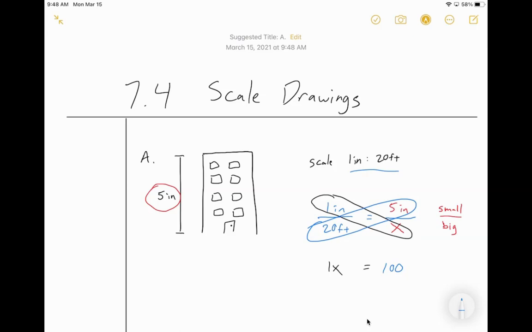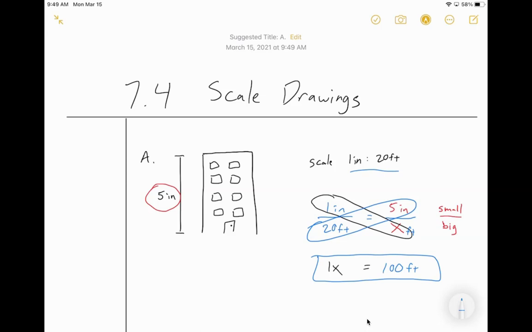Remember, we're missing feet, so this is going to be 100 feet. So X is equal to 100 feet. That look familiar? You guys remember doing that, proportions?